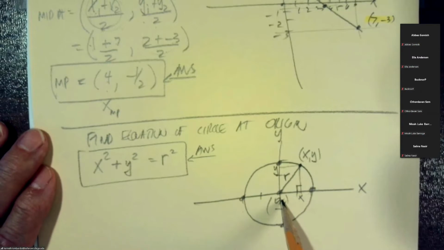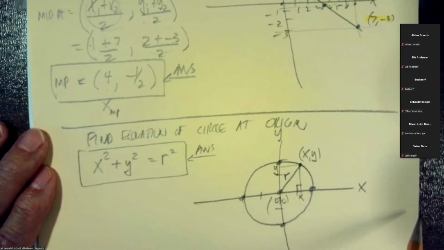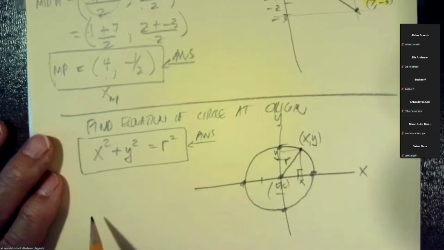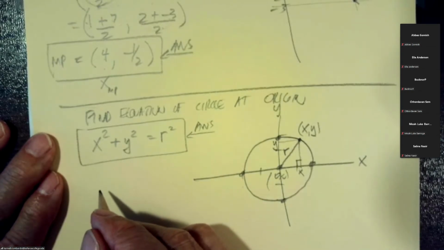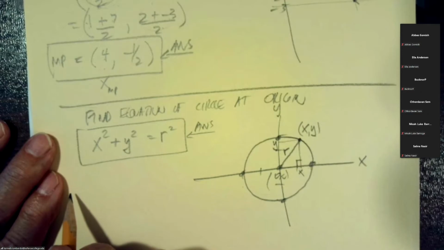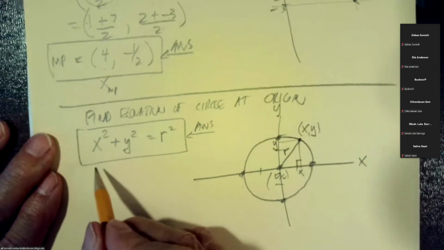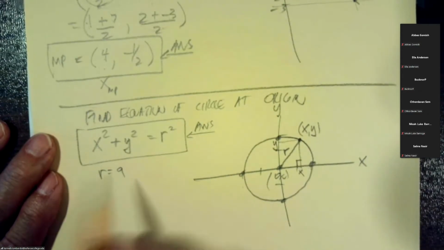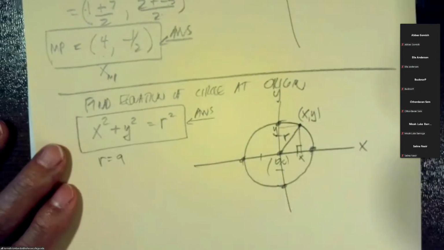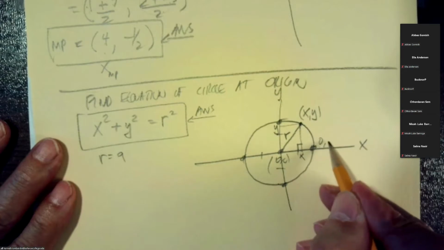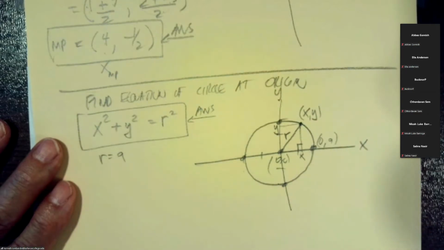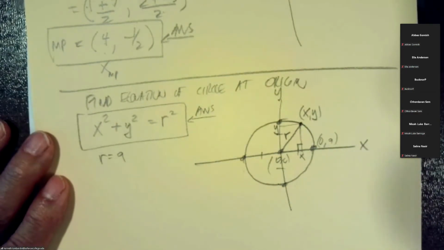Now, if I gave you a radius, if I said, find the equation of a circle at the origin with a radius of 9, R equals 9, then what's the equation of that circle? Maybe this point is at 0 and 9.